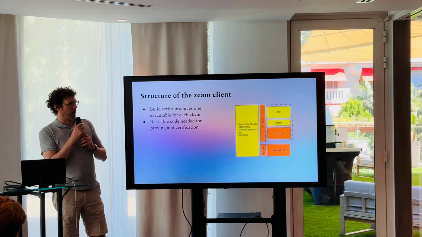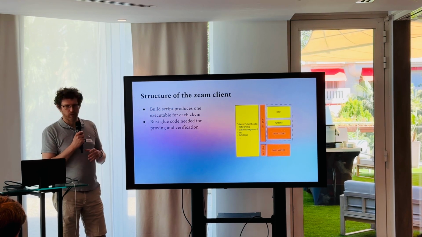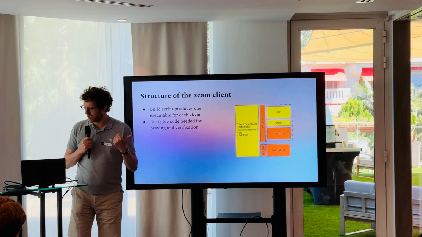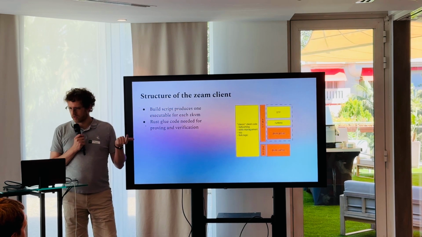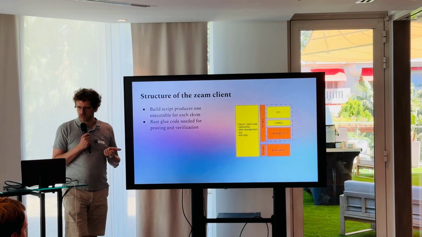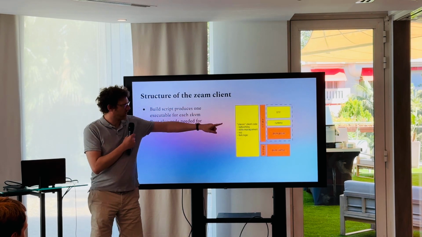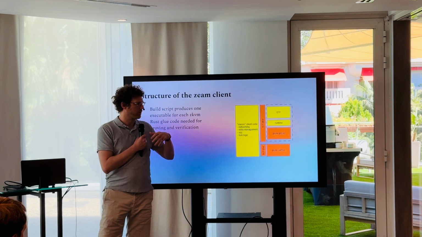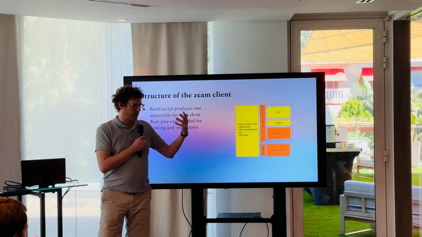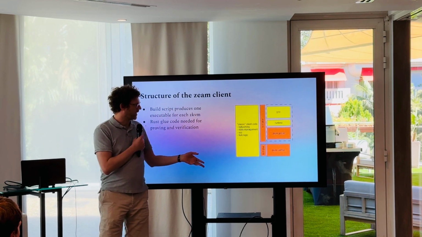So what does the client look like? In yellow you've got what's written in Zig, and in orange you've got what's written in Rust. And so you have the classic client code, so the networking, the state management, you receive the block, you do the tree computation, the hashing, everything.